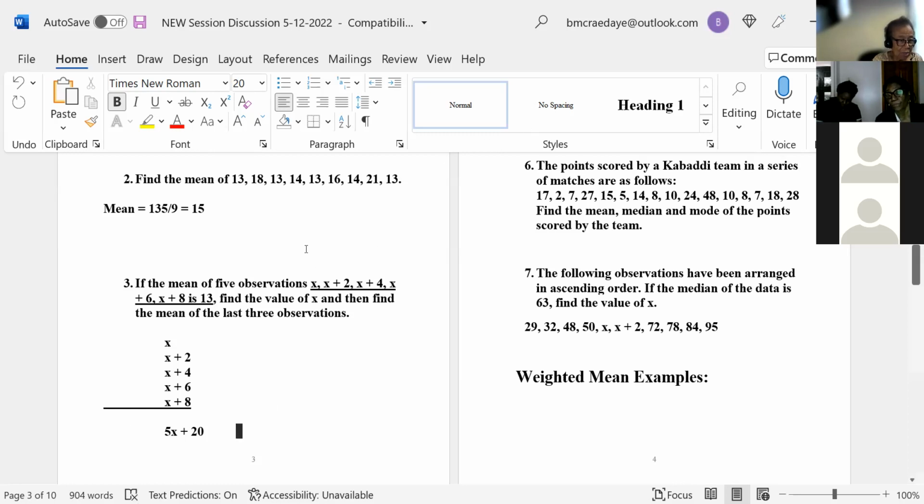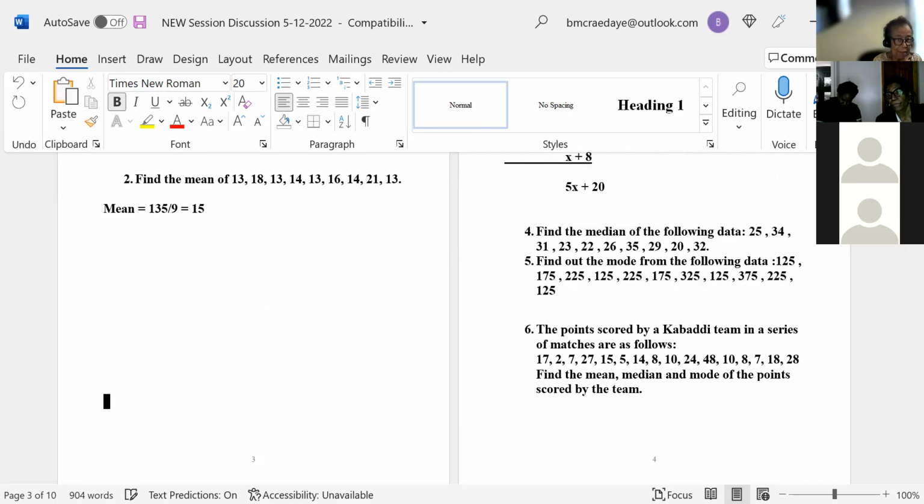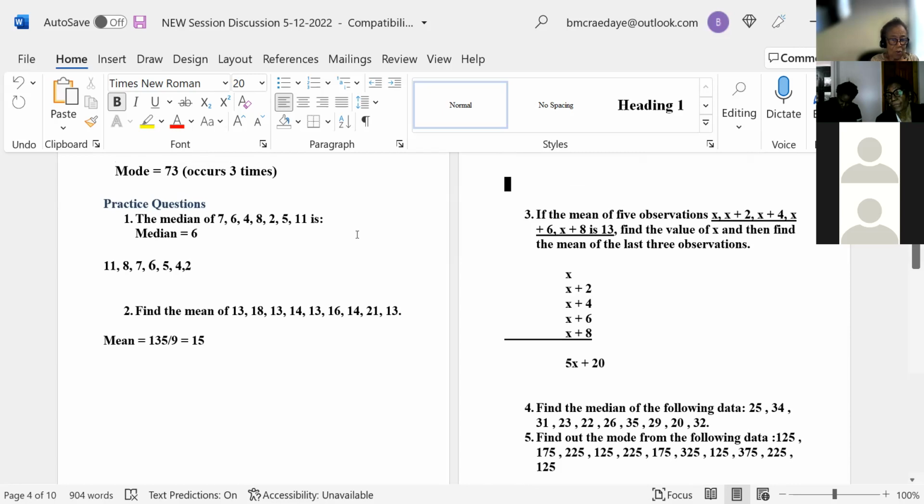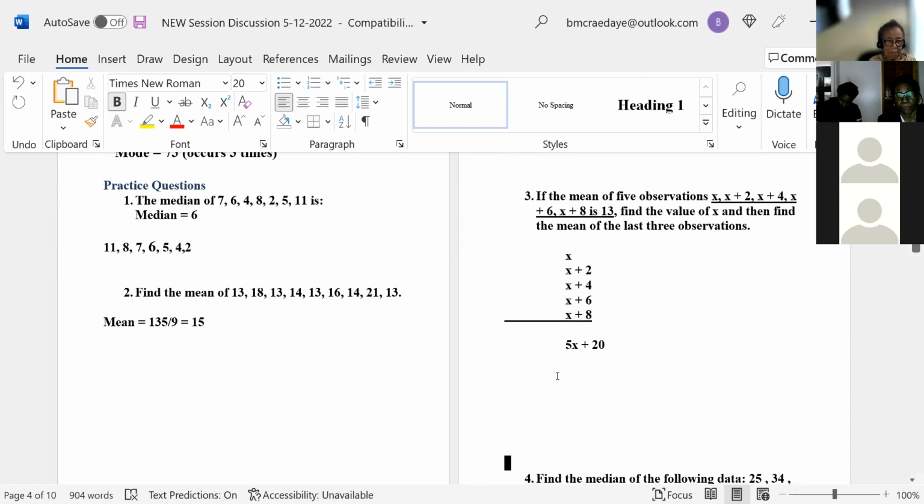Now I'm going to the next screen, so we'll have space. So you've got your total, right? Now take this 5x plus 20, and if you divide it by 5, you should get the mean. And what did they tell you the mean was? 13.